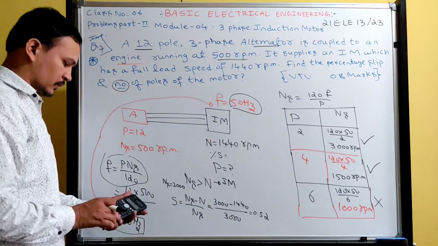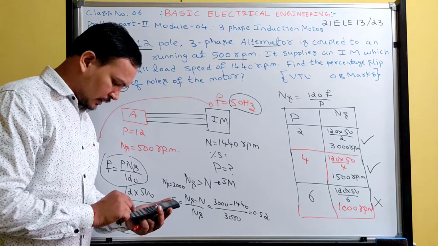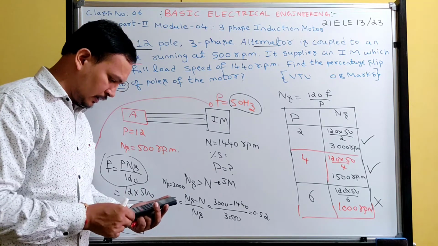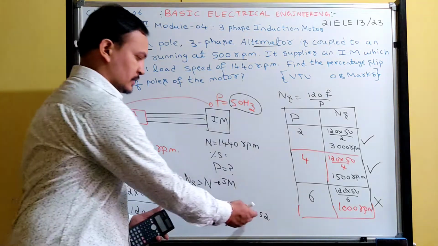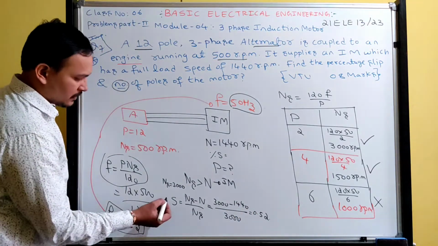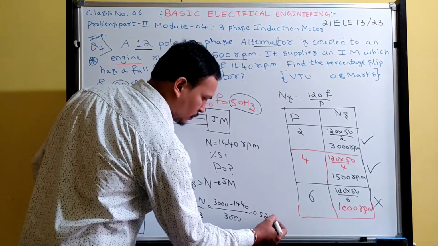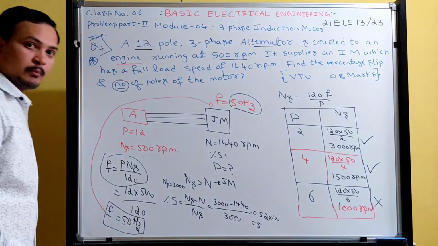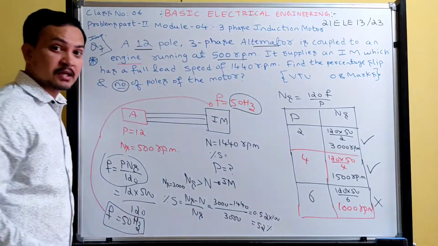I am not sure about this, so let me calculate this first. 3000 minus 1440 divided by 3000. Yes, we are getting the same value, 0.52. But what are they asking? Percentage slip. So multiply by 100. Then how much you will get? 0.52 into 100, it becomes 52%.